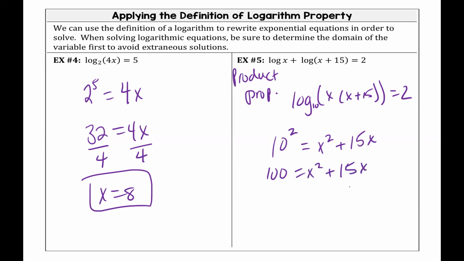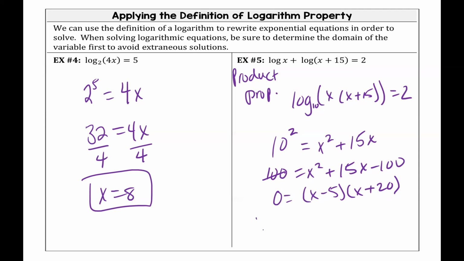And how do you solve a quadratic? You can use the quadratic formula or factor. Minus the 100 and factor. What multiplies to give me negative 100, but adds to give me 15?